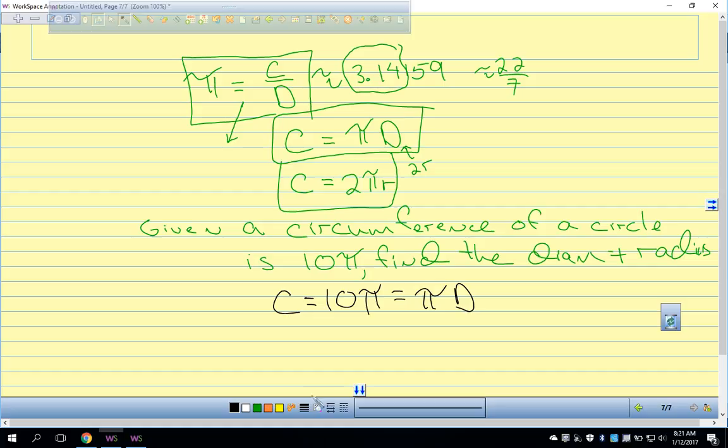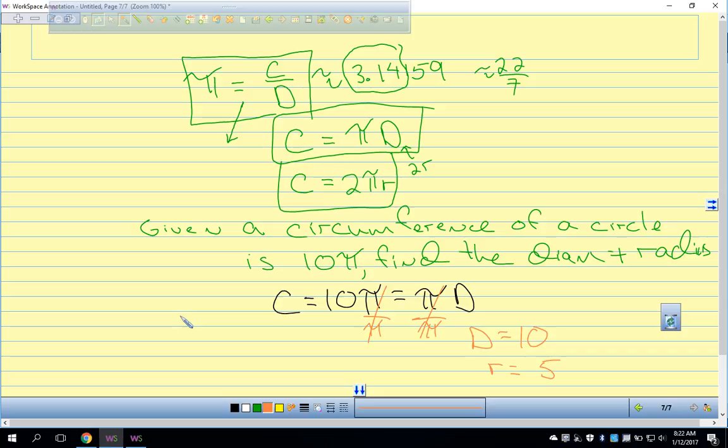I can divide both sides by pi, which I'm allowed to do, and I get diameter is equal to 10. If the diameter is 10, what's the radius? 5, right? R equals half of that, which is 5. So that's one type of problem you're going to see.